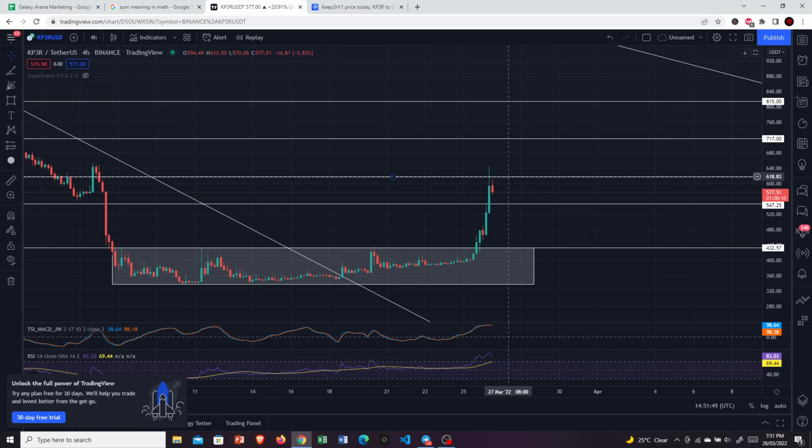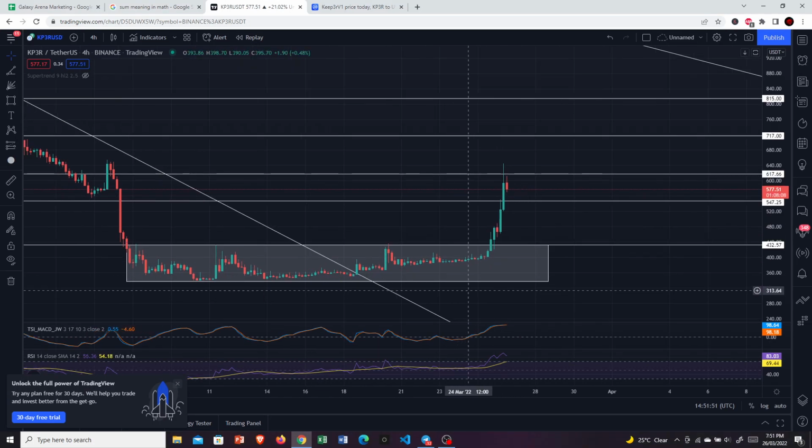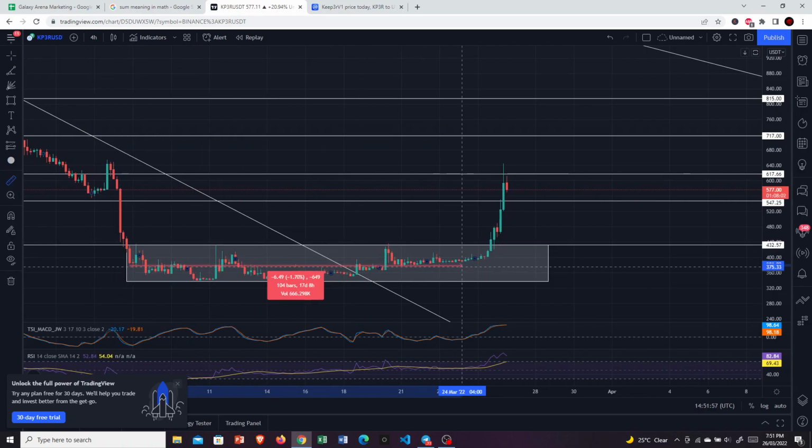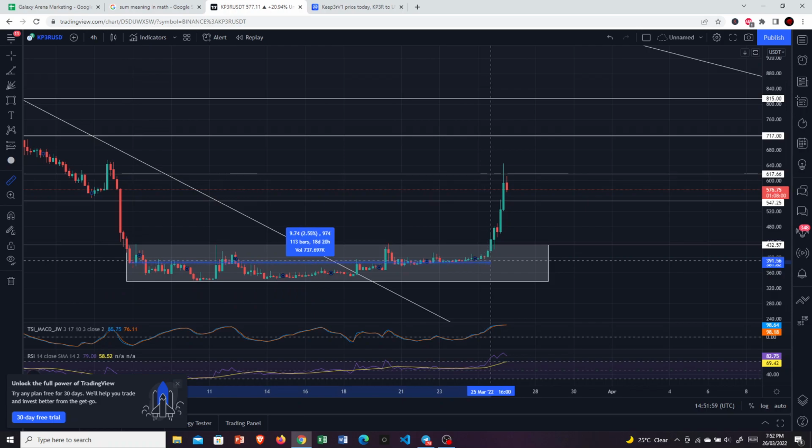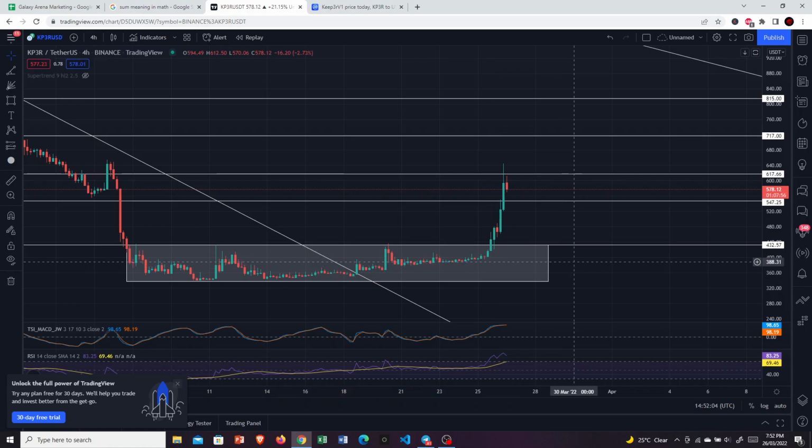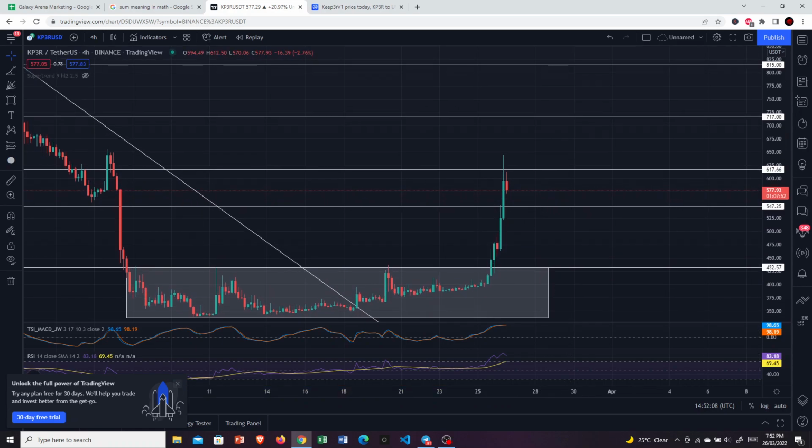Keeper had been accumulating in this range for about 3 weeks, and now we are currently sitting just below the resistance of 617.